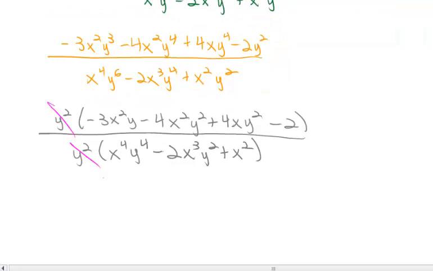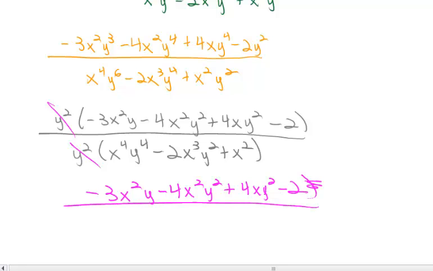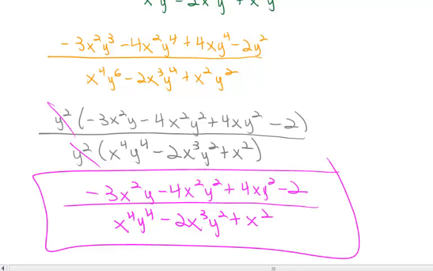So those y squareds divide out, and we'll call this our final answer, negative 3x squared y minus 4x squared y squared plus 4xy squared minus 2, all over x to the 4th, y to the 4th minus 2x cubed y squared plus x squared. What fun that was!